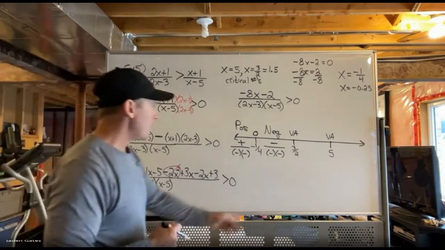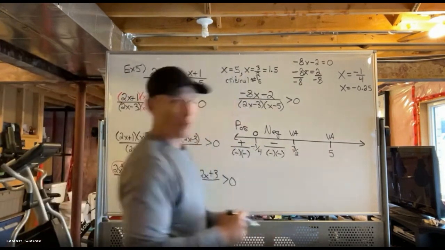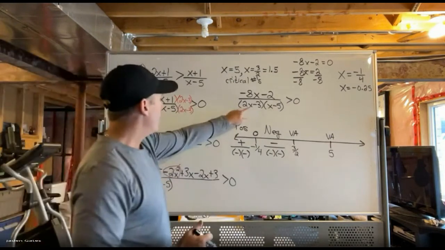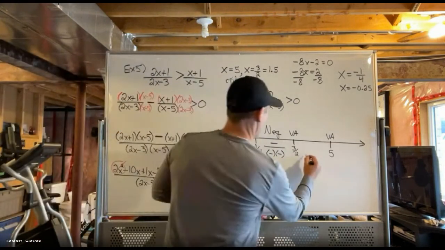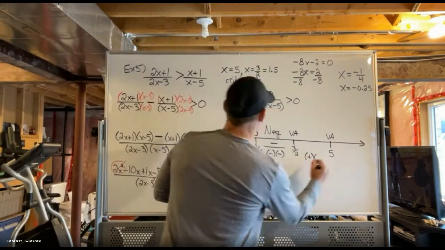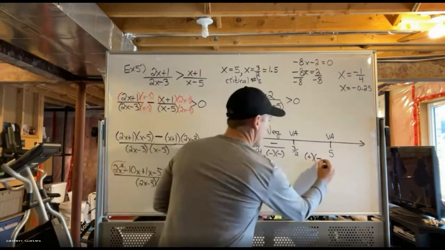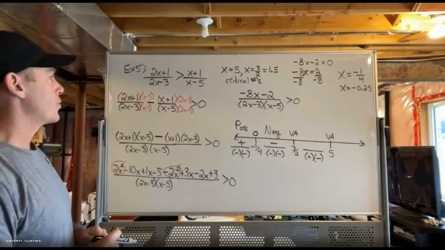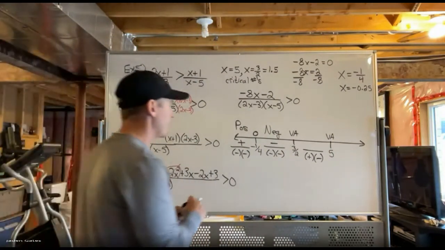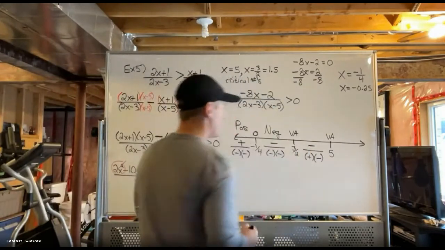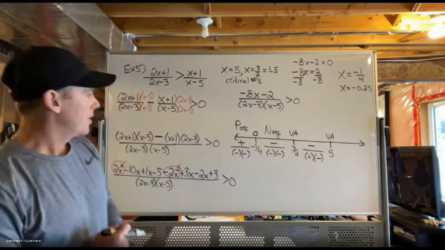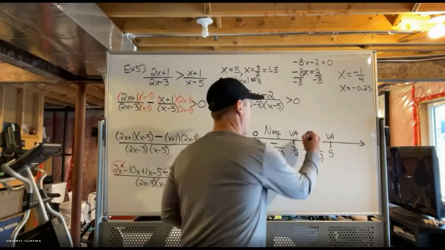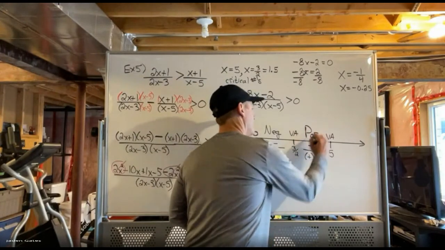All right, then a number between 3/2, which is 1.5 again, and 5. So I'll go with 2. 2 times 2 minus 3, that's going to be positive. 2 minus 5 is negative. And then what about our numerator there? -8 times 2 is a huge negative number. Minus 2 is definitely a negative number. Negative divided by negative is a positive. And then, yeah, we're definitely going to have a positive interval here.